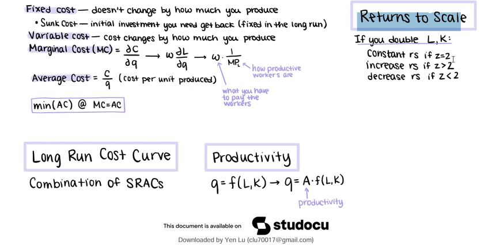If it is constant, then the production function with inputs 2L and 2K equals two times the production function. Increasing is greater and decreasing is smaller.